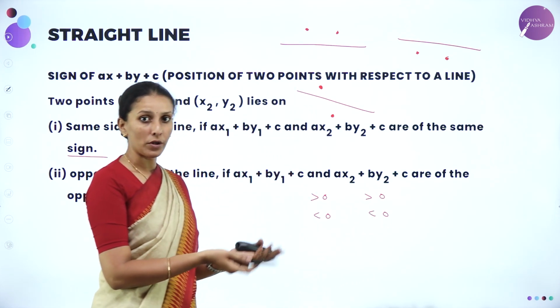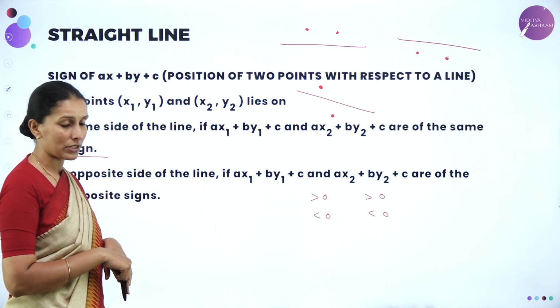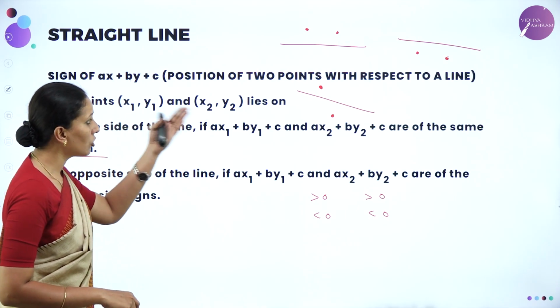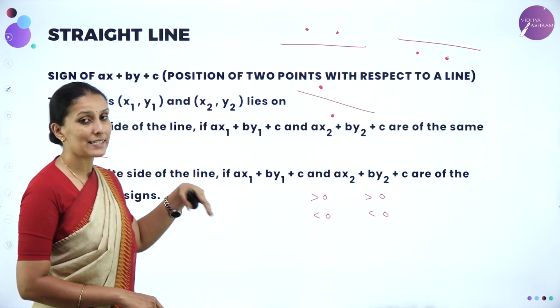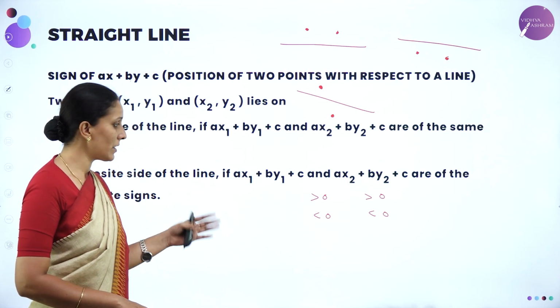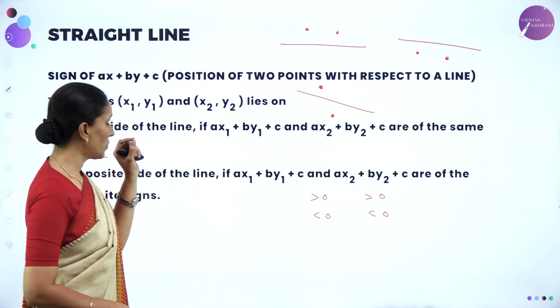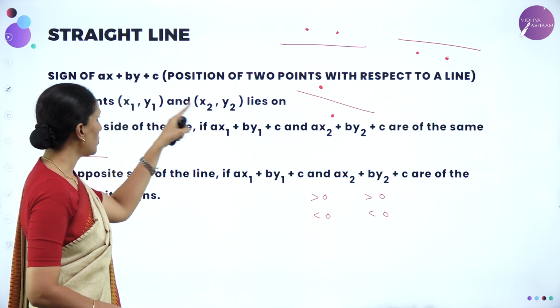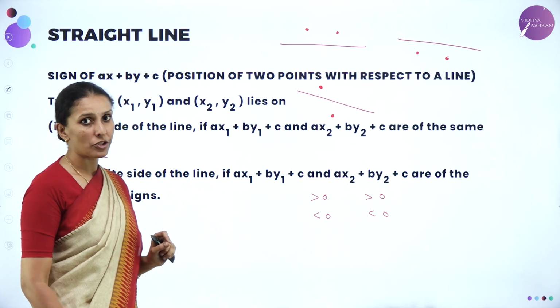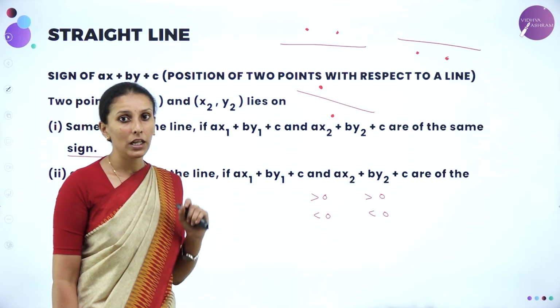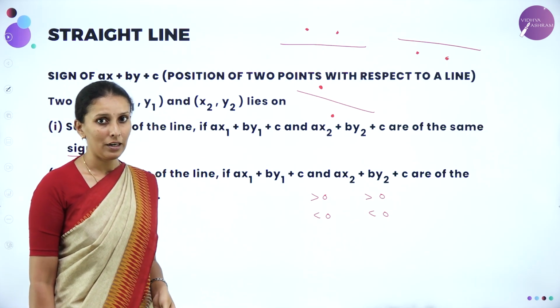But if they lie on the opposite side, then obviously the sign of the equation changes. That means one may be greater than 0 and the other is less than 0. So to decide this, we will substitute the points in the given equation of the line and then verify whether they lie on the same side or on different sides.